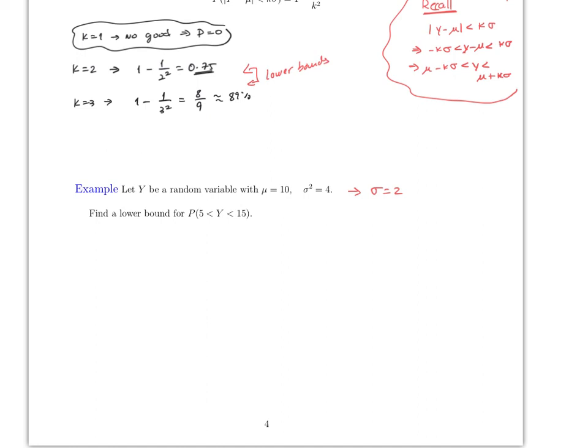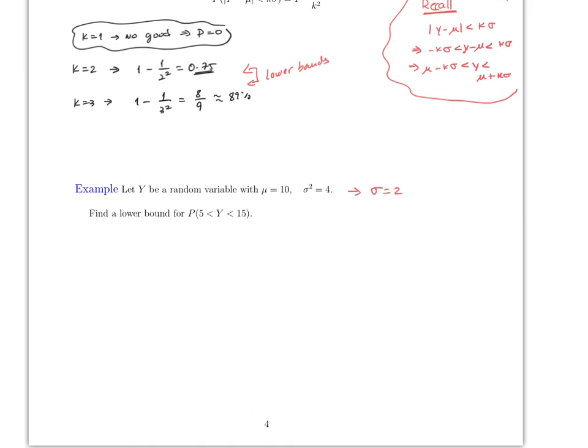Now it is important to notice one thing here. If y was a binomial or Poisson or geometric distribution, you should be able to find this precisely just using the density functions or the mass function. Since this distribution is unknown, the best we can do is to find a lower bound using Chebyshev's theorem.